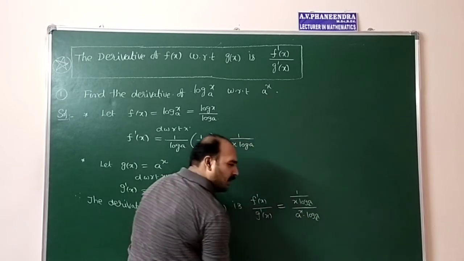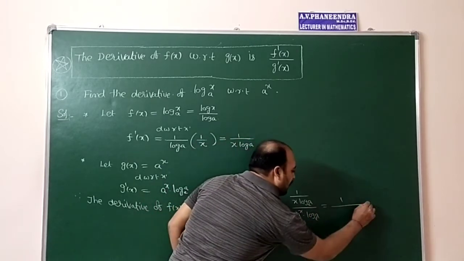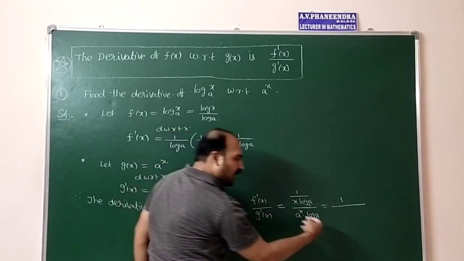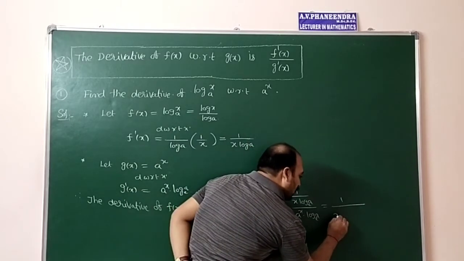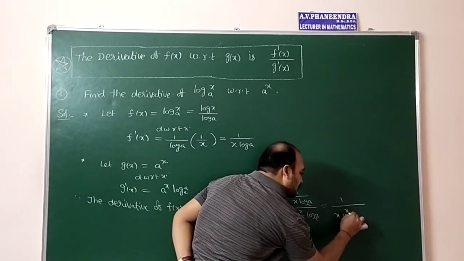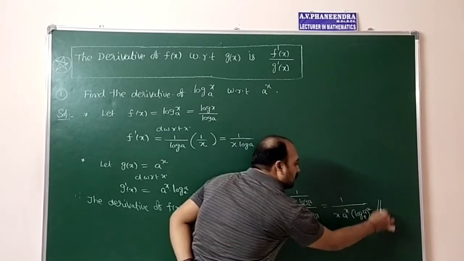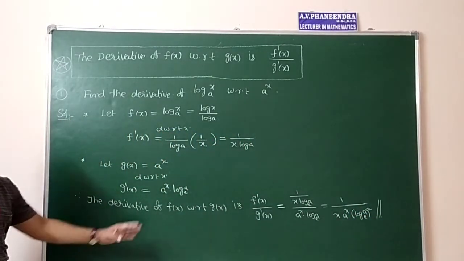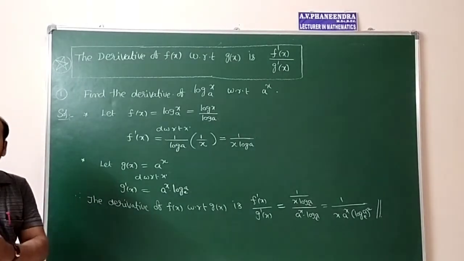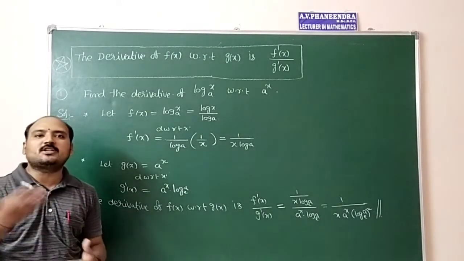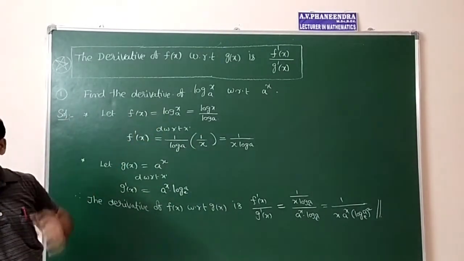Here also base e only. So log a also we take to the denominator: x into a power x into log a to the base e, whole square. This is the derivative of the given function log x to the base a with respect to the another function a power x.